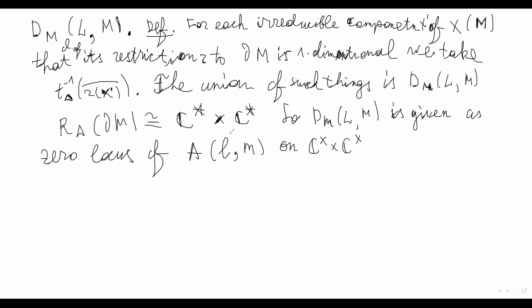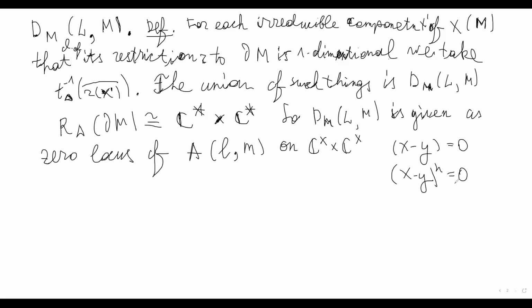Yeah, okay, so we have some dependency of L and M. Dependence means we have some polynomial whose zero locus is precisely our D_M of L, M. But of course, we need to say some words here, because if we have x minus y equals 0, we may also write x minus y to the power m equals 0.